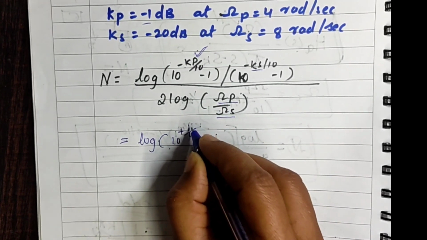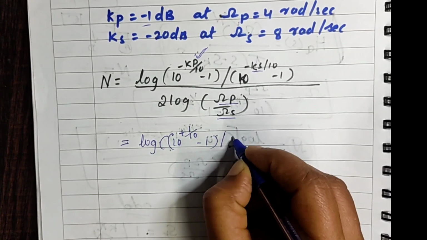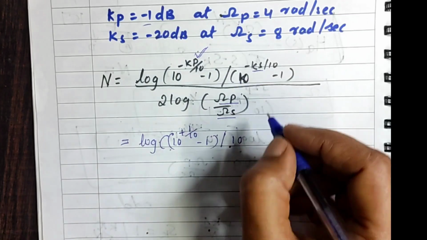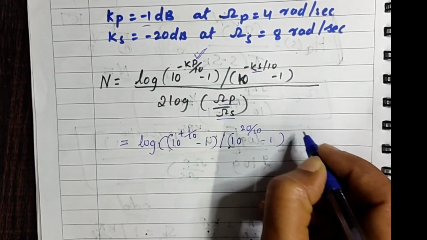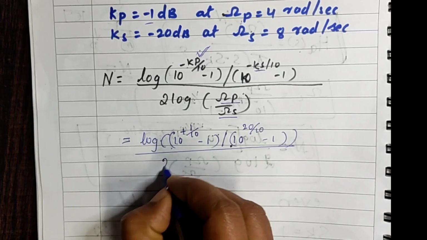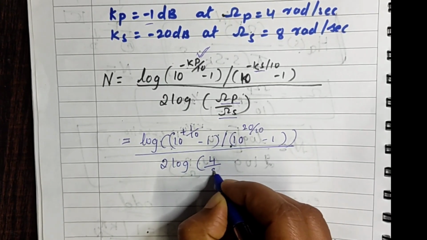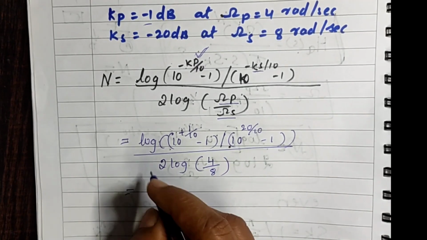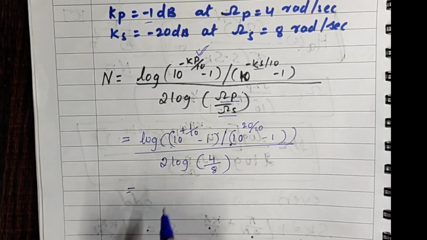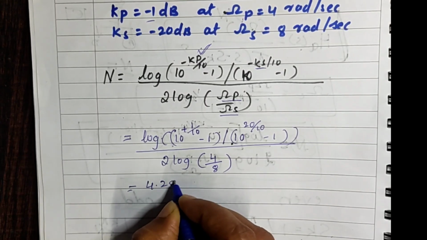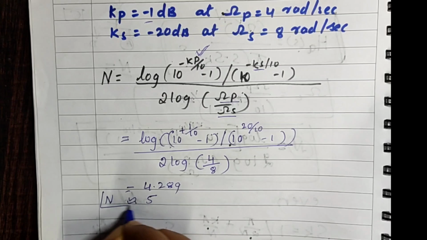So 10 to the power of 1 by 10 minus 1, divided by 10 to the power of minus Ks, so plus 20 by 10 minus 1, whole divided by 2 log of ohm P is 4 and ohm S is 8. Once you do this, we get 4.289. So we can take it approximately as 5. Therefore, n is equal to 5.